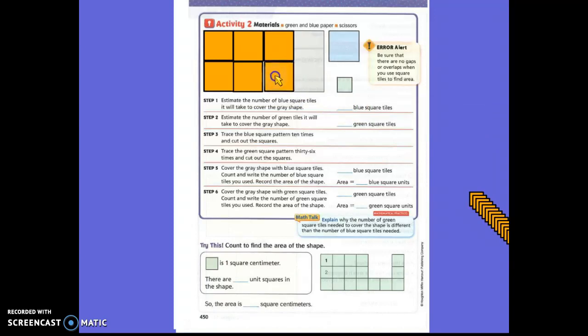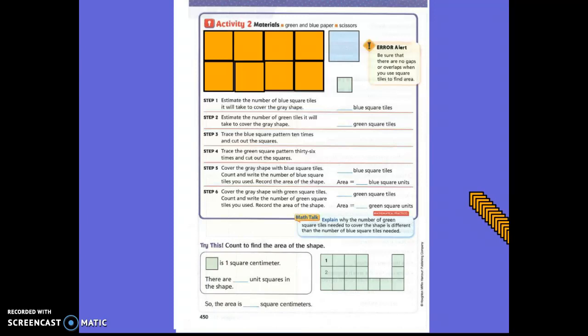Don't change your answers. It really doesn't matter. It was an estimate.